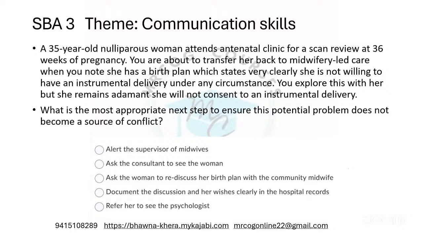You are about to transfer her back to midwifery led care when you note that she has a birth plan which states very clearly she is not willing to have an instrumental delivery under any circumstance. You explore this with her, but she remains adamant she will not consent to the instrumental delivery. What is the most appropriate next step to ensure this potential problem does not become a source of conflict?